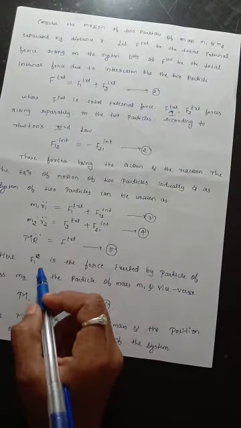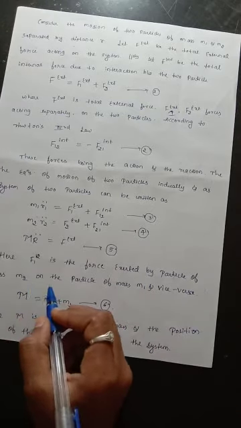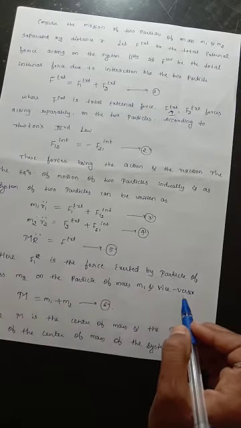Here F12 is the force exerted by the particle of mass M2 on the particle of mass M1, and vice versa.